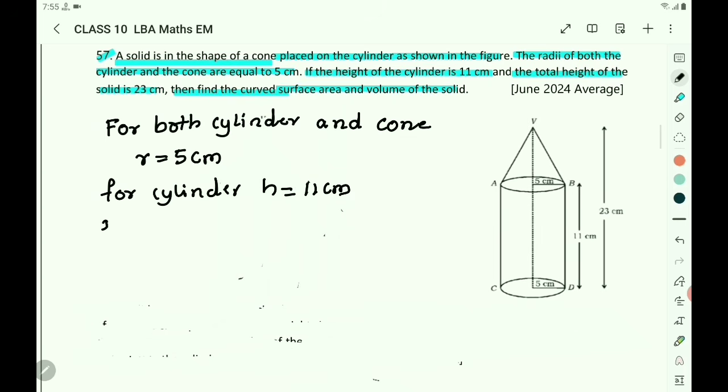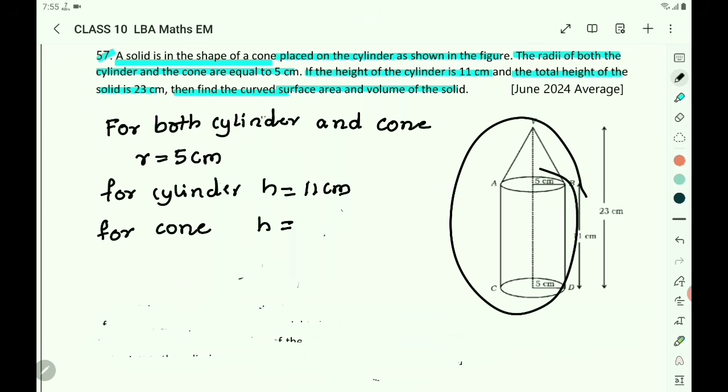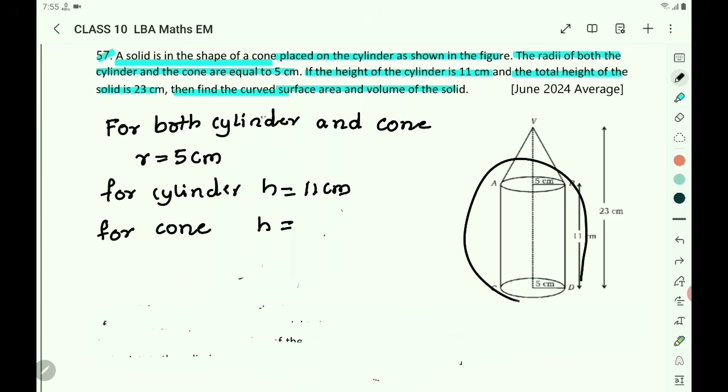And for cone, height equals the total height minus height of the cylinder, which is 23 minus 11, equals 12. 23 minus 11 is 12 cm.